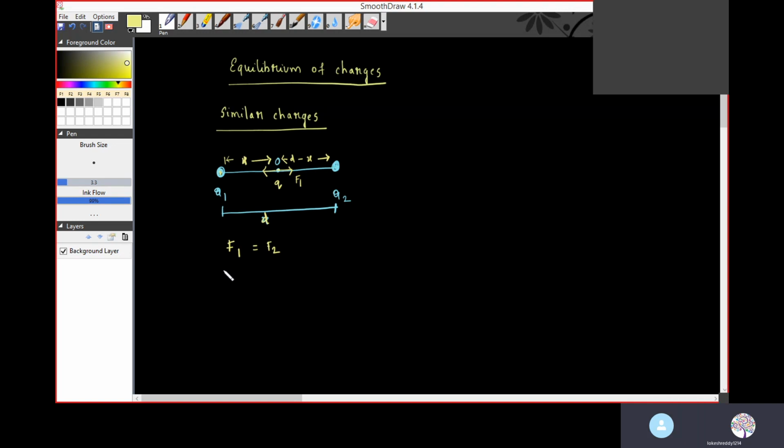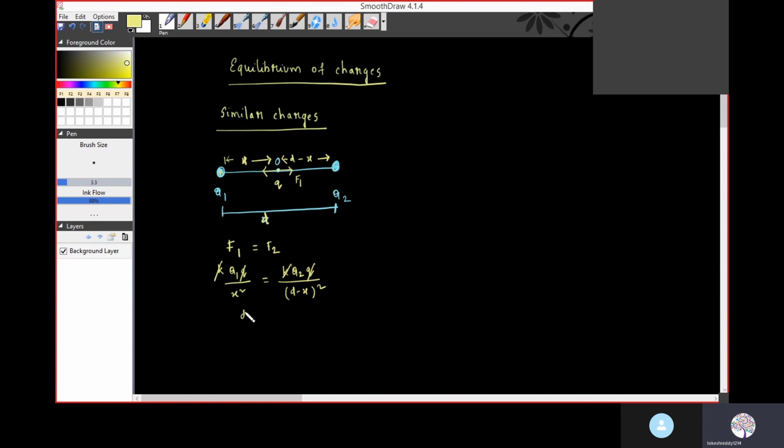So it is k Q1 q by x square, equal to k Q2 q by (d minus x) whole square. Now this q and q get cancelled, and k and k get cancelled.